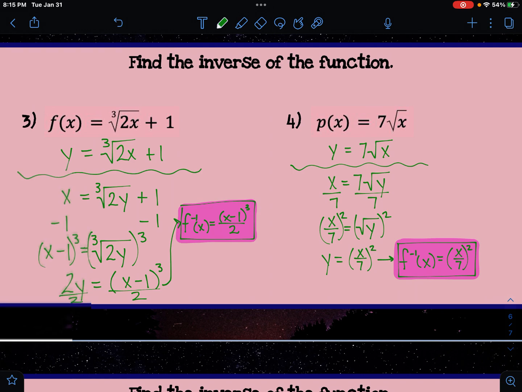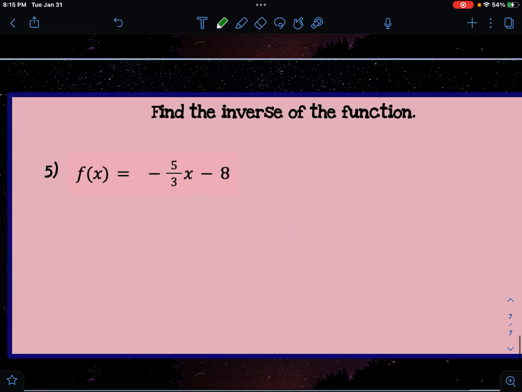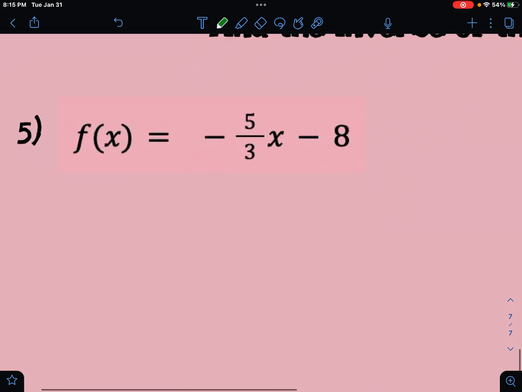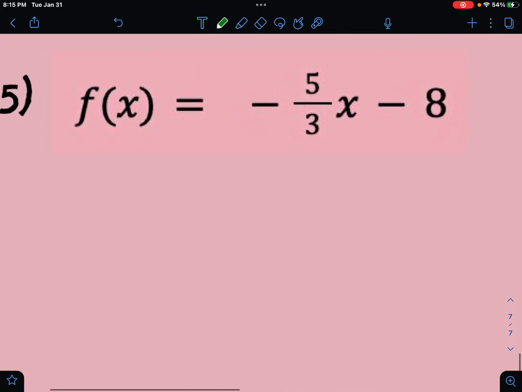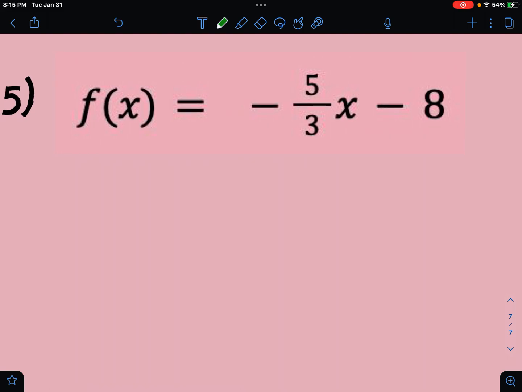Okay, so there's those two. All right, last one. Same process. First thing I'm going to do is switch in a y.